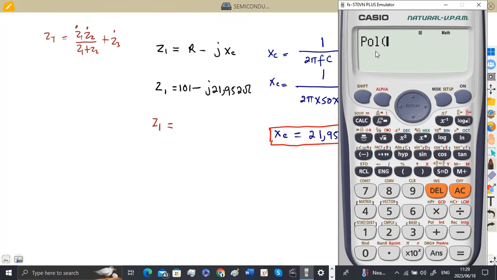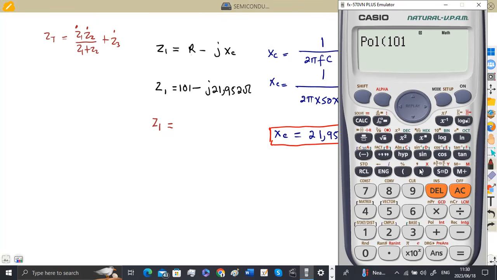So it is now in polar form. What you're going to do is press these values. The first one is 101, and you separate it with a comma. There's a comma here that can separate our values. I'm checking for that comma on this calculator.